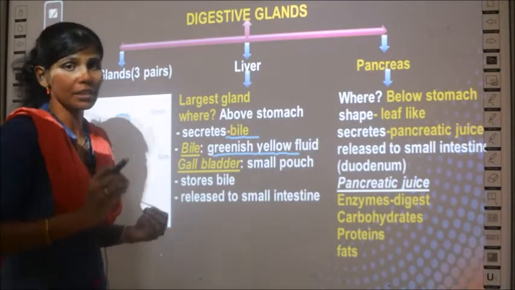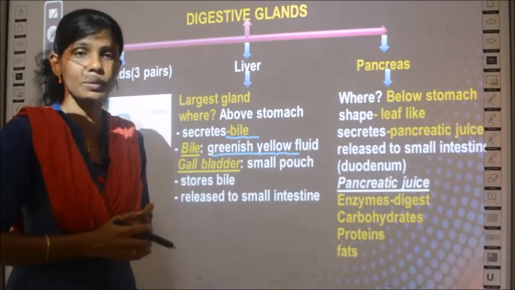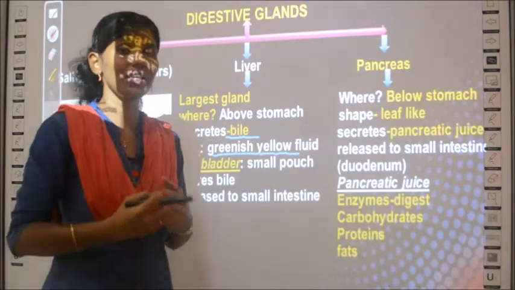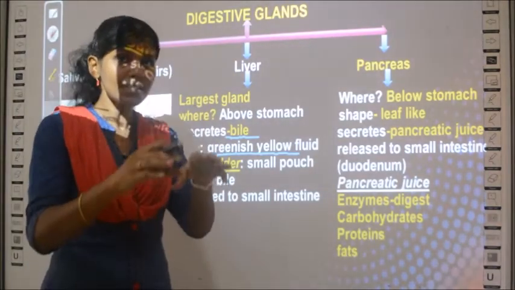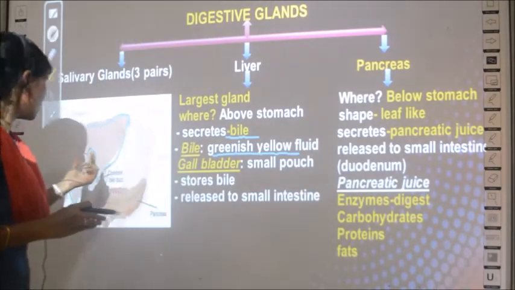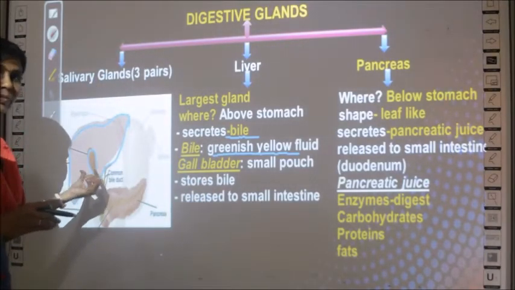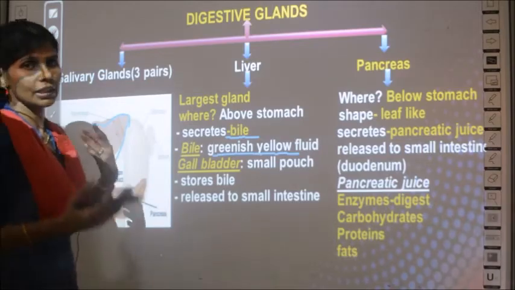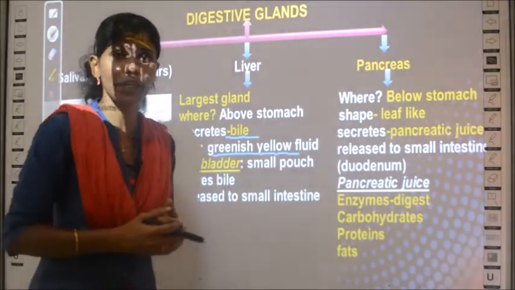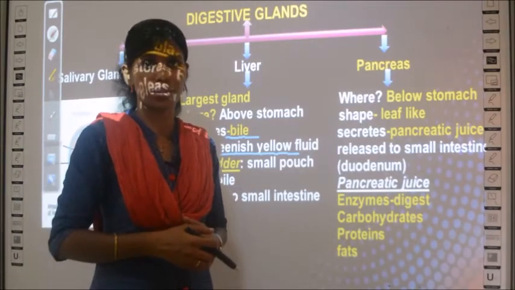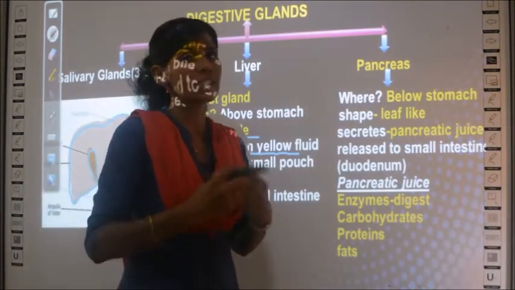And whenever there is fat in your intestine, that is, whenever you eat fat, the liver will release the bile from the stored bile gland, that is the gallbladder, into the intestine. What does this mean? Bile has the property to digest fats.